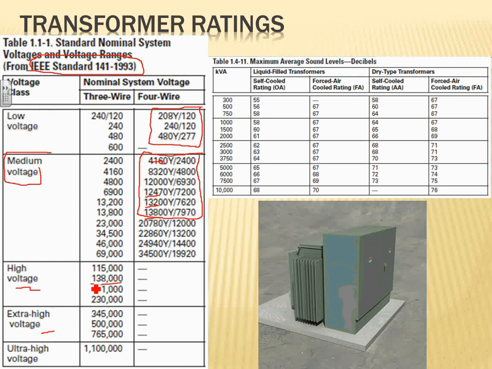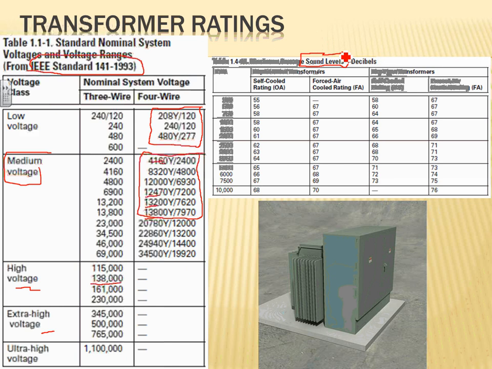Comments, questions? When I was doing engineering, a lot of times, guys, these are from Cutler Hammer again. If you have Cutler Hammer, you can find it. The sound levels. They will come to you sometimes and say, this is a quiet area like a hospital, and they ask you, what is the sound level of this transformer?